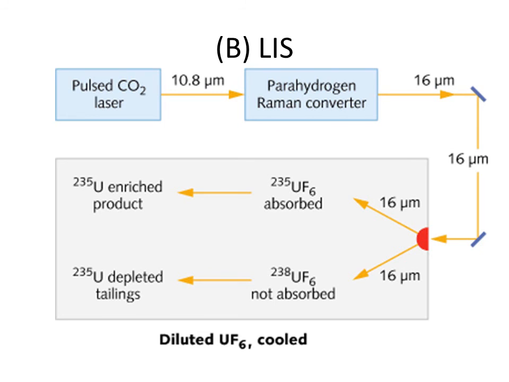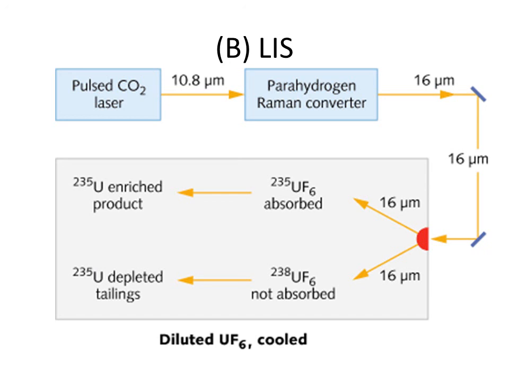So another example is laser isotope separation. This is also an industrial application, because this is done for separating isotopes in nuclear power plants. For example, in this case, you can see uranium-235 and uranium-238.